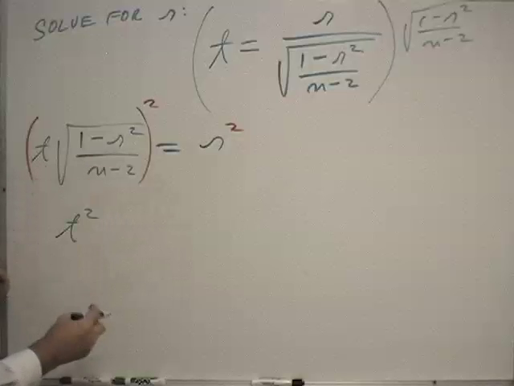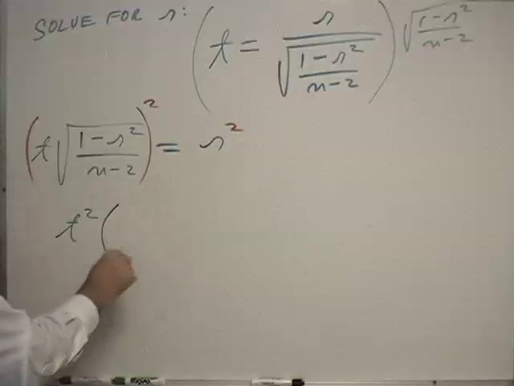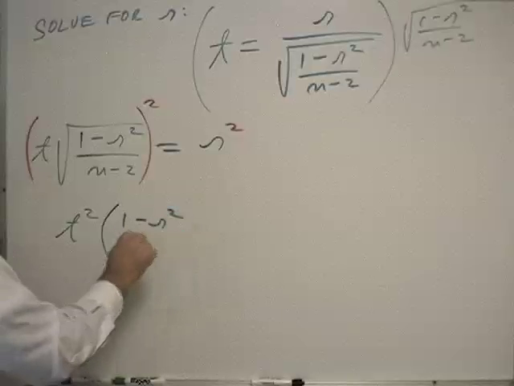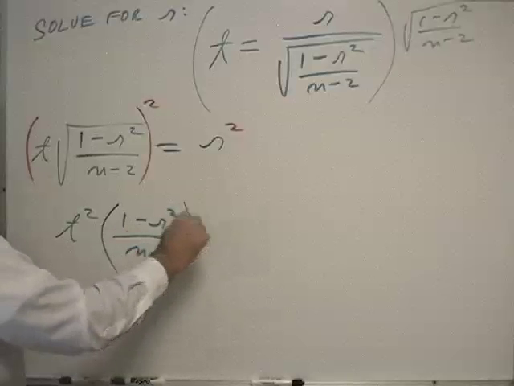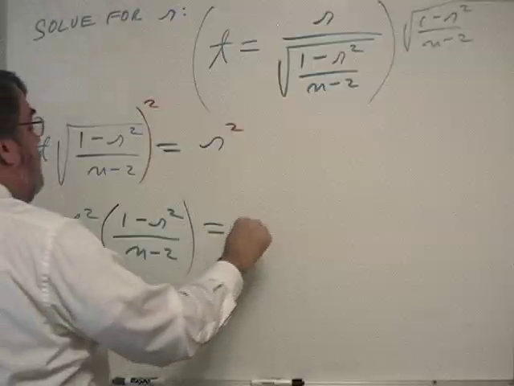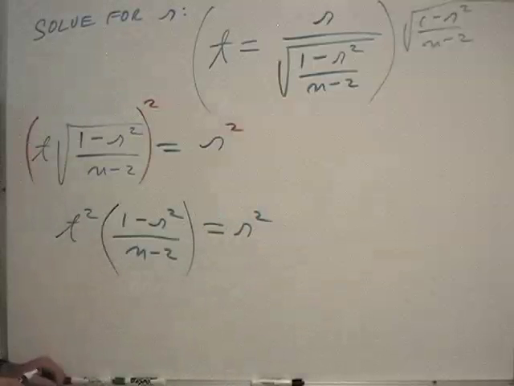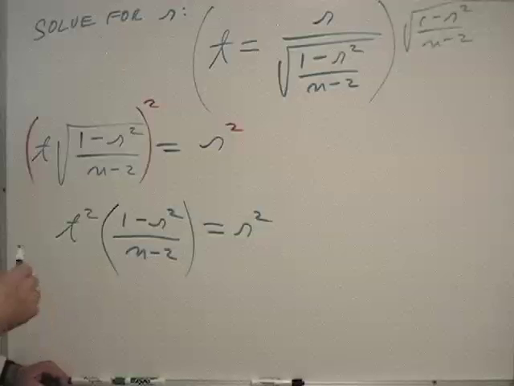And when I square the square root, it disappears. So that gives me T squared times 1 minus R squared over n minus 2 equals R squared. Alright, so I hope you're doing well so far. Again, try to follow each step and the logic in working this out, which I think is valuable to this problem.